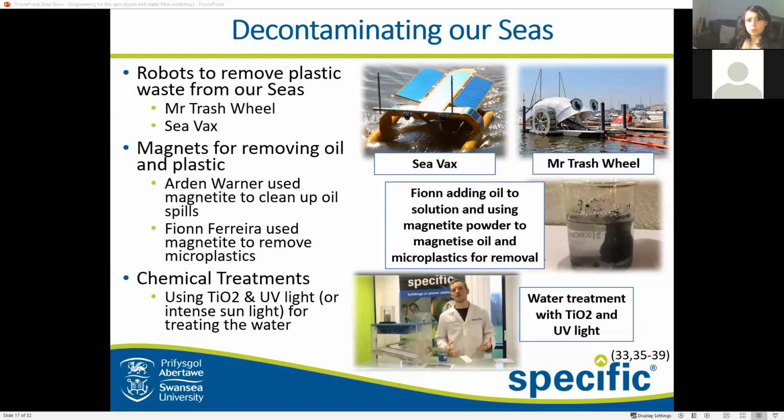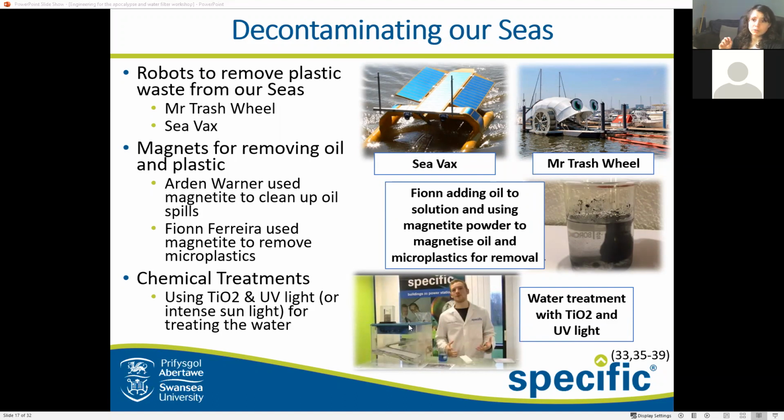Another method for water purification is using chemicals and UV light. So a solution which was created in my group SPECIFIC at Swansea University, which can be read more about on the Sunrise website, so there is a reference to this at the end, used a combination of titanium dioxide, which is a little white pigment that you actually have used in a lot of things.